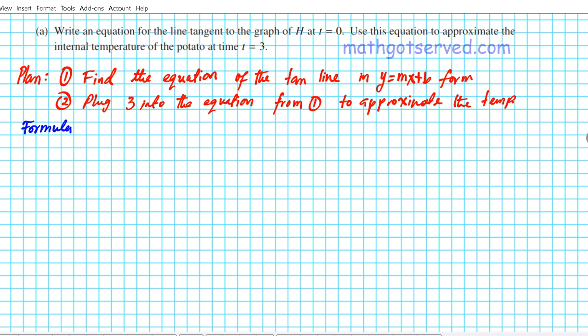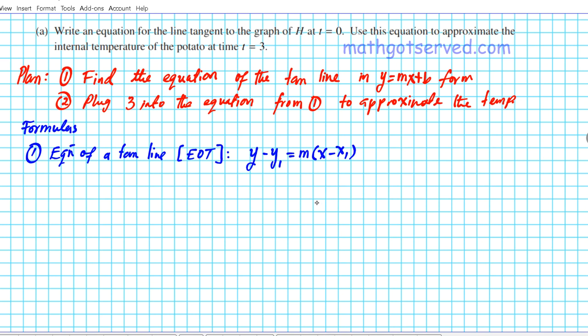Alrighty, so the first formula that we need is the formula for the equation of a tangent line. Alright, so the equation of a tan line, also referred to as EOT, equation of the tangent line, can be found using the formula y minus y1 equals m times x minus x1.